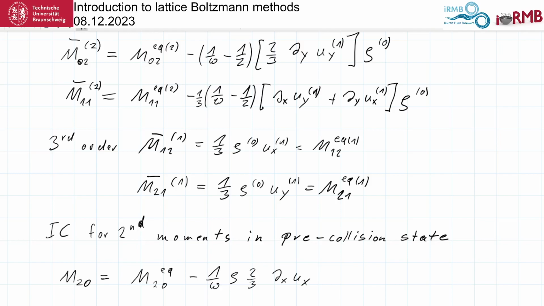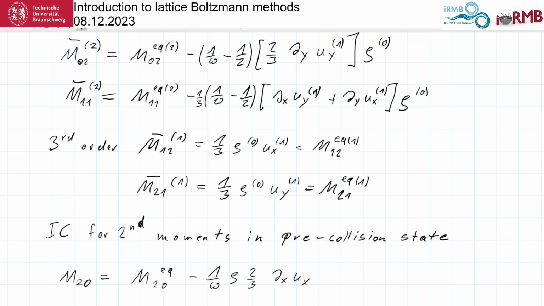If we have the average, we have 1 over omega minus 1/2. If we have the pre-collision, we have 1 over omega. So this is enough information from which you can already deduce, even without knowing it, what would be for the post-collision state? Plus 1/2, 1 over omega plus 1/2?